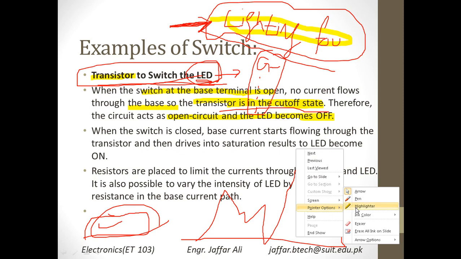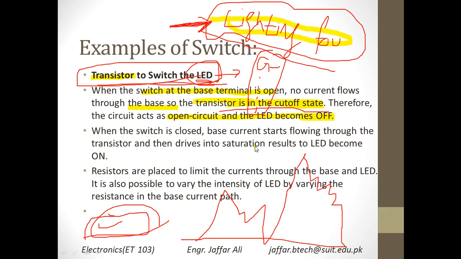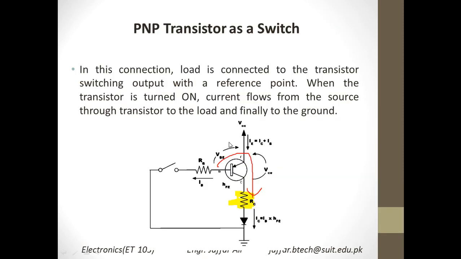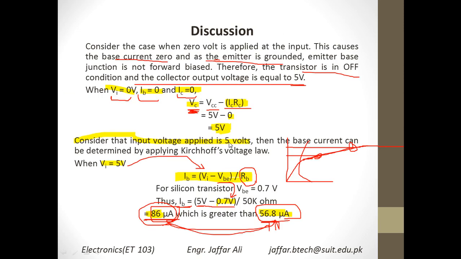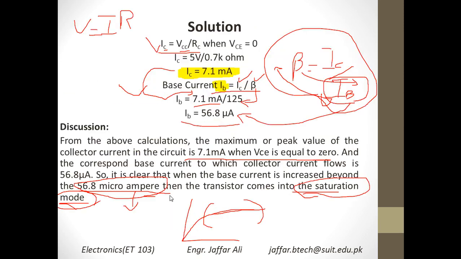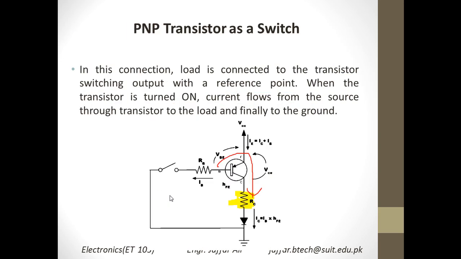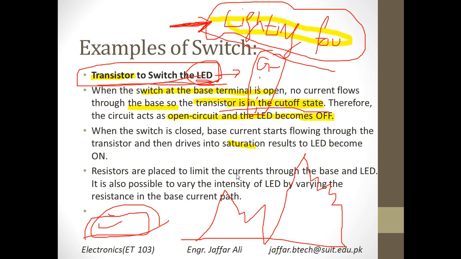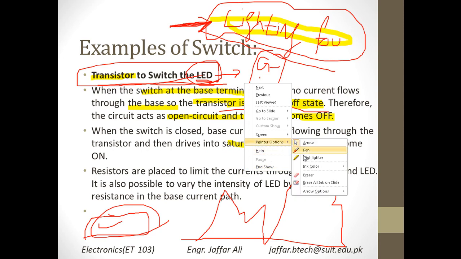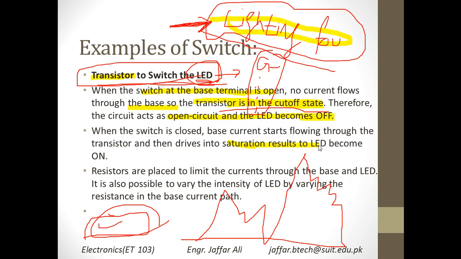So if you apply base current greater than the value that we already derived in the previous example, you know how you can find the value after which you get the saturation region. If you have reached that saturation point, you can make the LED become on.